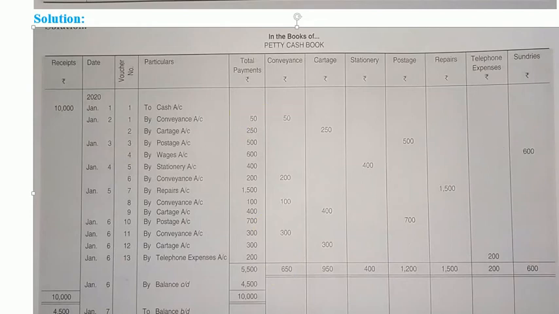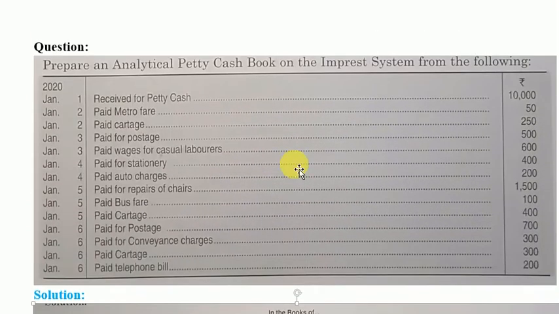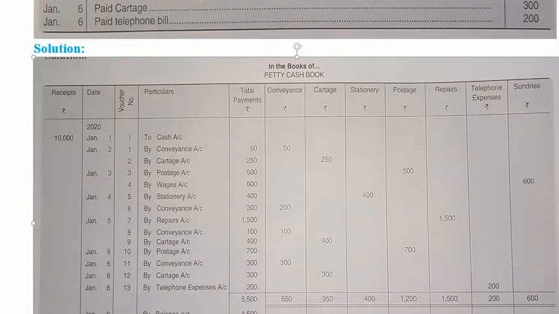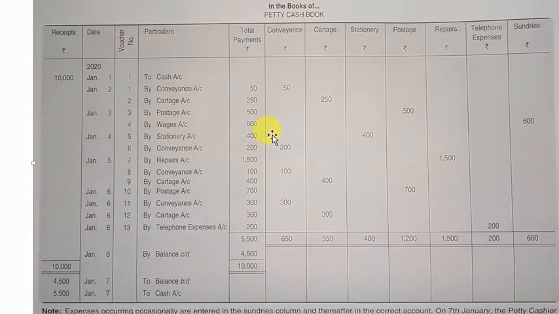Okay, and now proceed towards another transaction, that is paid cartage January 2nd, 250 rupees, and this is again transferred to the cartage column. You can see on January 2nd, By cartage 250 rupees, in the payment side we have shown, and this is also shown in the column of cartage worth rupees 250.